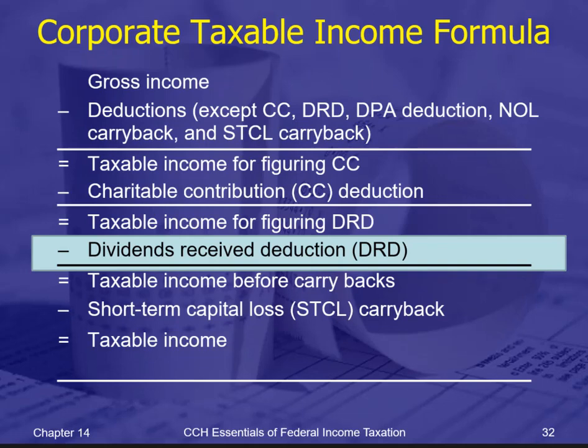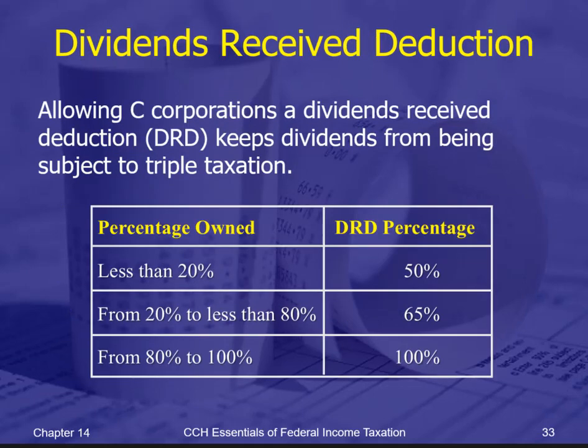So paying dividends doesn't reduce your tax. So both sides are paying tax on the dividends. So if a corporation receives a dividend from another corporation, then you have this dividends received deduction.